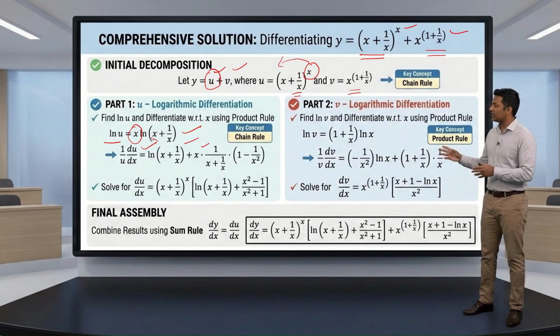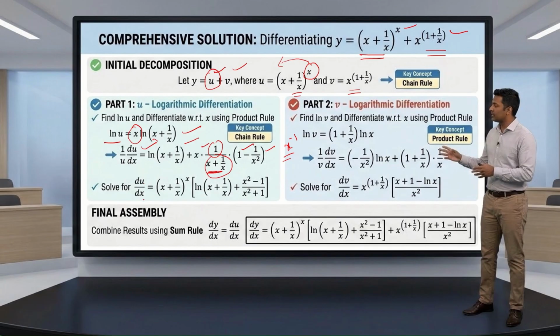Like log x is 1 by x, again I have to differentiate this x plus 1 by x. Differentiation of x is 1, then differentiation of 1 by x is minus 1 by x square. How can we differentiate it? Take 1 by x as x to the power of minus 1, differentiate by the rule of x power n, you will get minus 1 by x square.